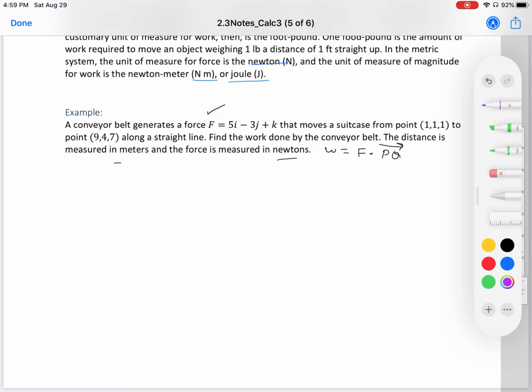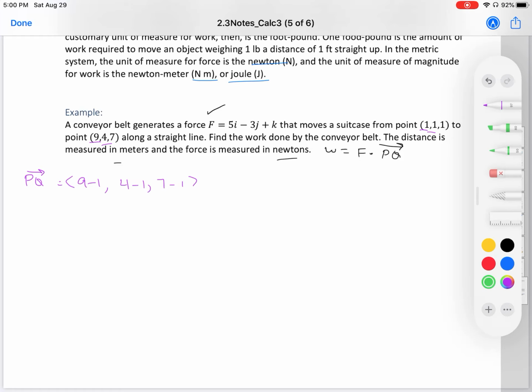So let's take our points. We have PQ, let's write it as a vector. To refer back to 2.1, you have to find the difference of each of the coordinates to find your vector. So that means we're going to take 9 minus 1, 4 minus 1, and then 7 minus 1.